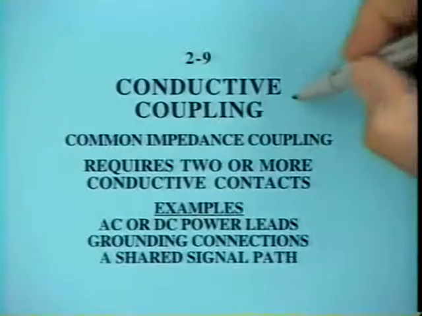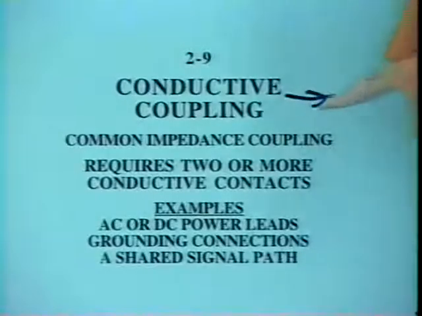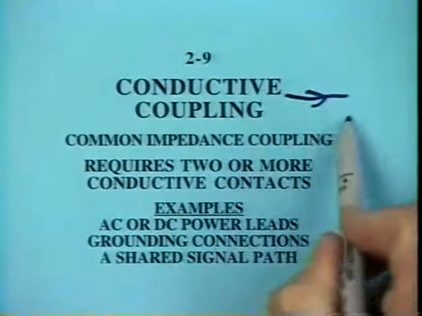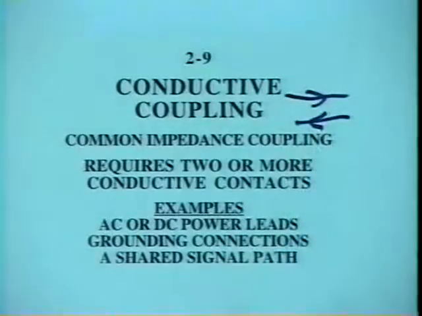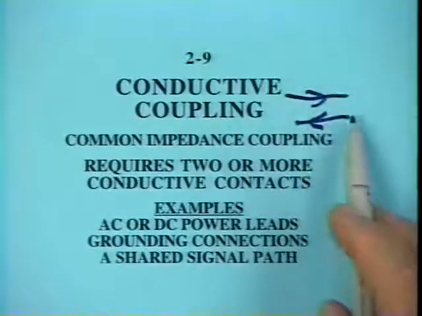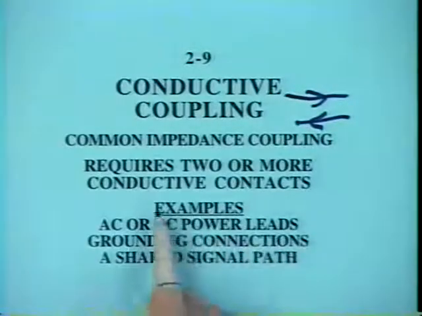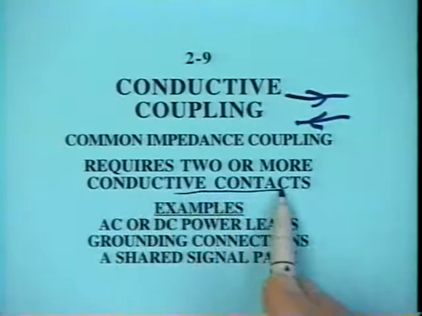To have a conductive problem, we must have a conductor that carries the current out someplace we didn't really intend for it to go. And then, remember what we said about all currents, they have to return back to their source. So we need another conductive path to return the current back to its source. Now, sometimes we have multiple paths out and multiple paths back. Sometimes we have more than 2. But we need a minimum of 2 conductors to have a conductively coupled problem.